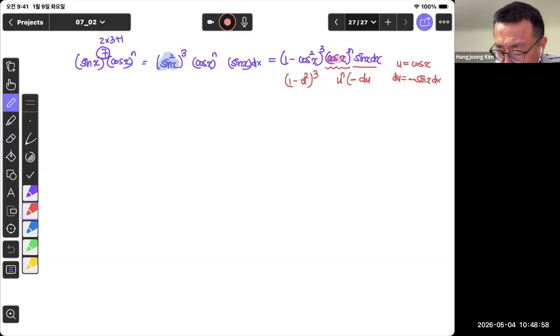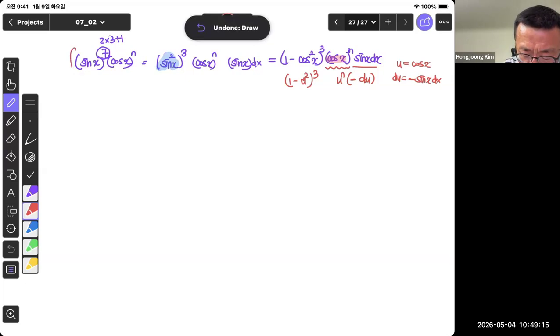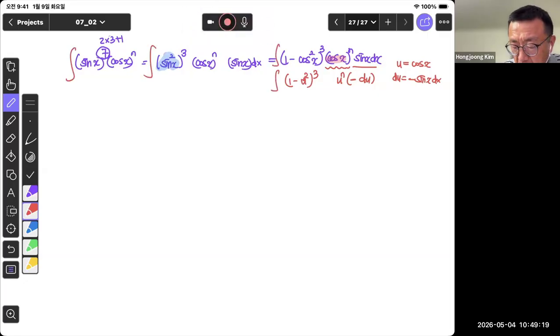So negative sine x dx will be replaced by negative du. Okay, so that is the way to integrate this function. So the integral of this can be performed by this.